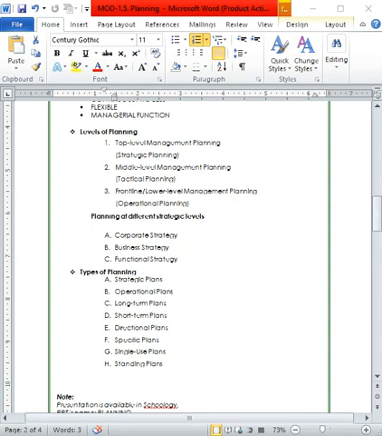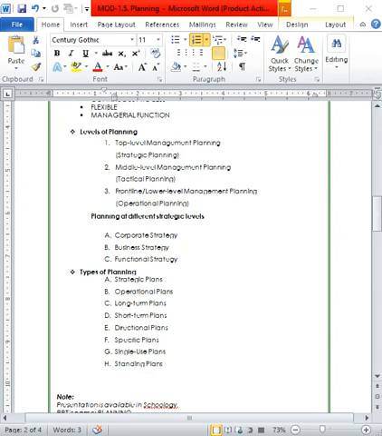Single-use plans are a set of objectives aimed at achieving a specific goal within a particular budget. And for standing plans, it is a business plan intended to be used many times. It is designed to guide managerial decisions and actions.